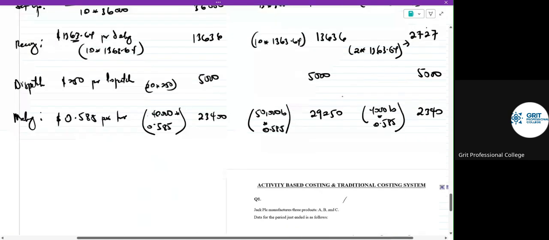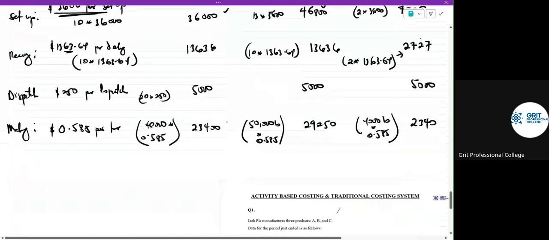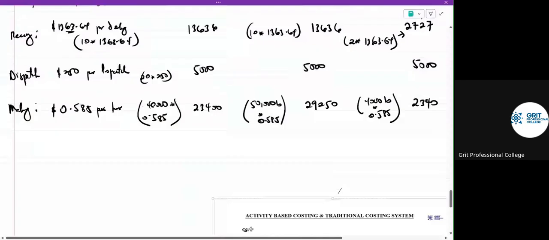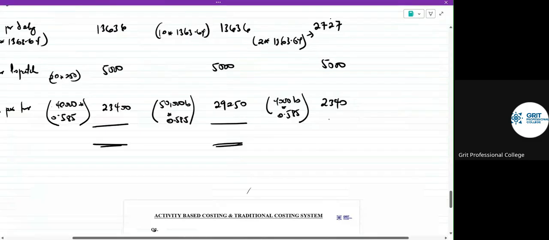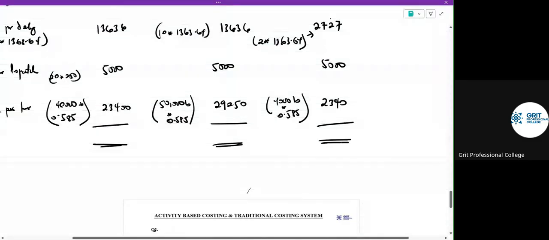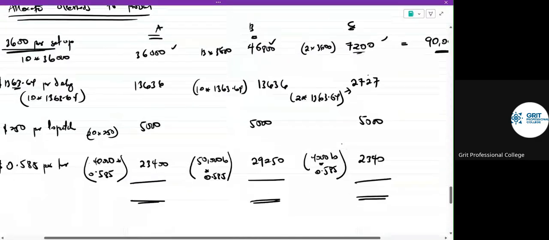All right. So once you have allocated all the costs in total to the three products using the cost driver rate, you add everything up. And what will we get?